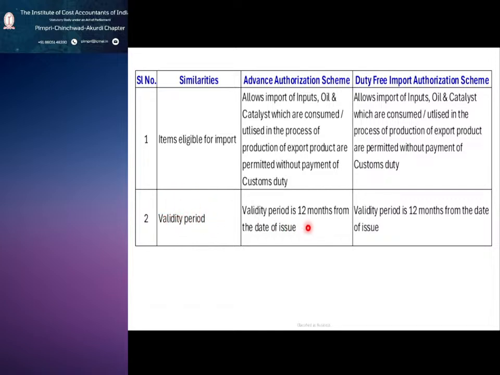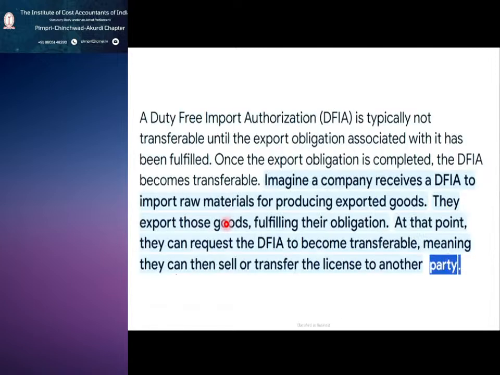The validity period is 12 months from the date of issue. So your license is valid only for a period of 12 months from the date of issuance of the license. For both advance authorization and duty-free import authorization, it is the same. So this is the similarity. Now we will see the differences.